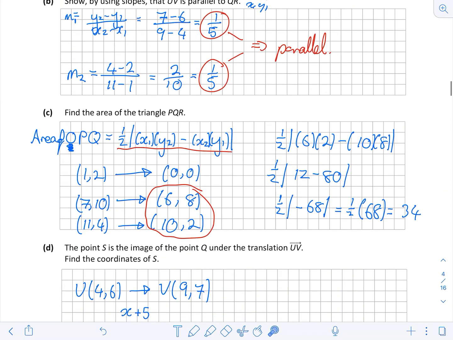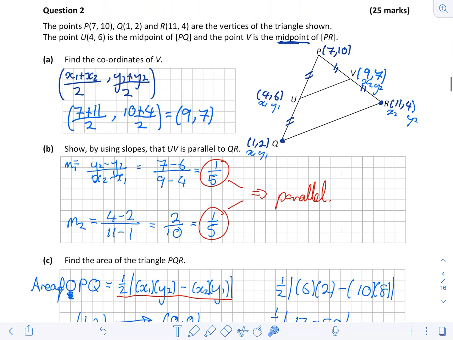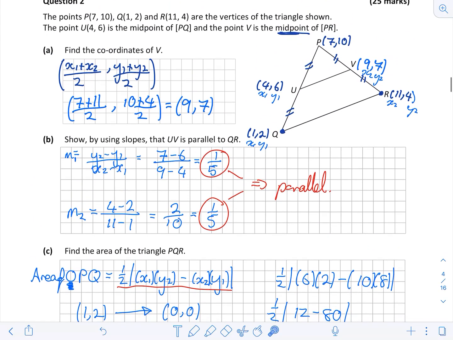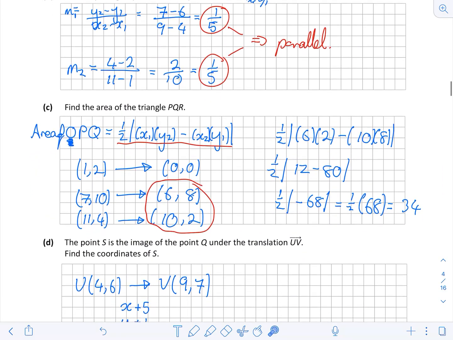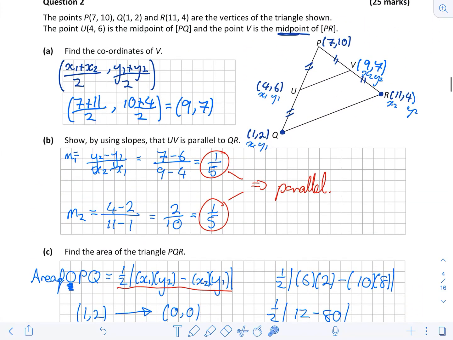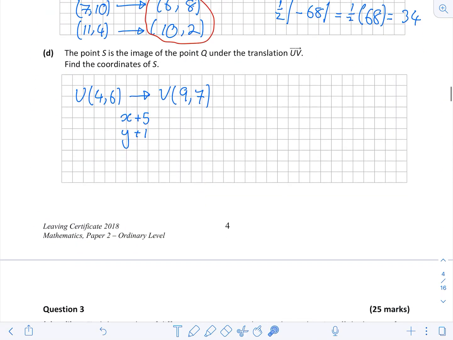So if I do that on the point Q, where's Q? It's (1, 2). So (1, 2) will do the same thing.